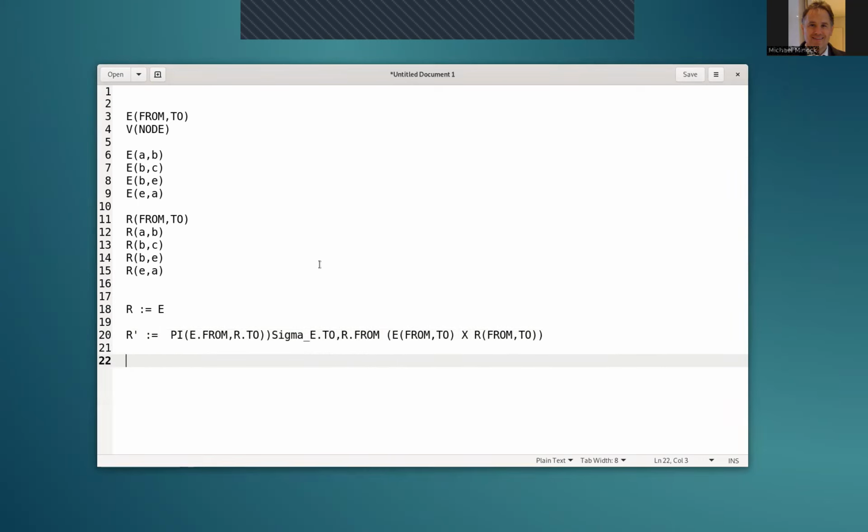Something in R prime would be: can I get from A to B and B to C? So A, C is in R prime. People see that? I hope. Among other things.